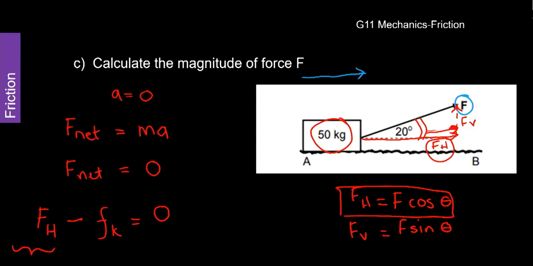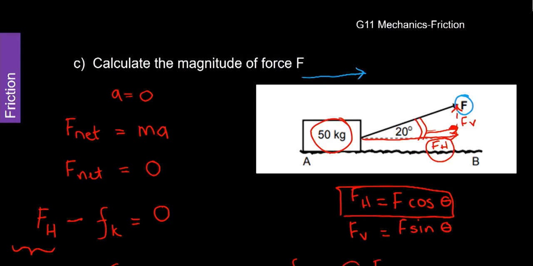That's what they're asking for, F cos of the angle, which is 20 degrees, subtract the kinetic frictional force. Now, what do we know about the frictional force? We know that the frictional force is equal to mu k times the normal.